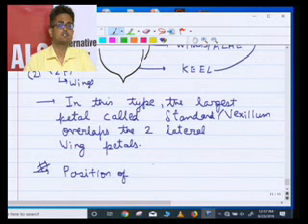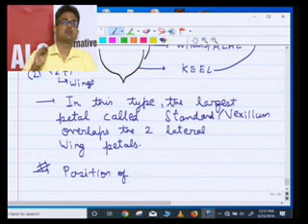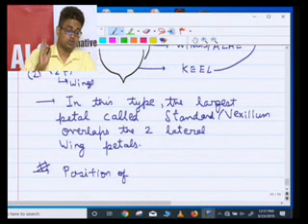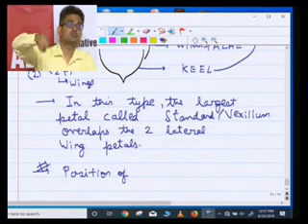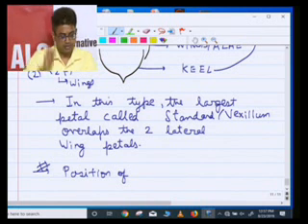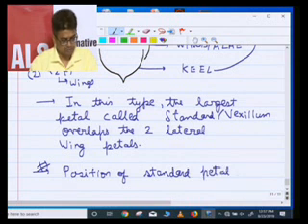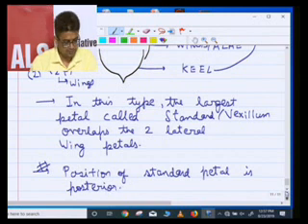The position of the standard petal has been asked with respect to the mother axis, the main axis. So it is present at the posterior, on the back side. The position of the standard petal is posterior and the keel position is anterior.